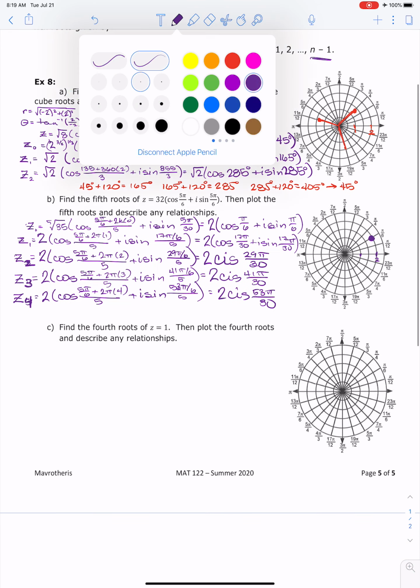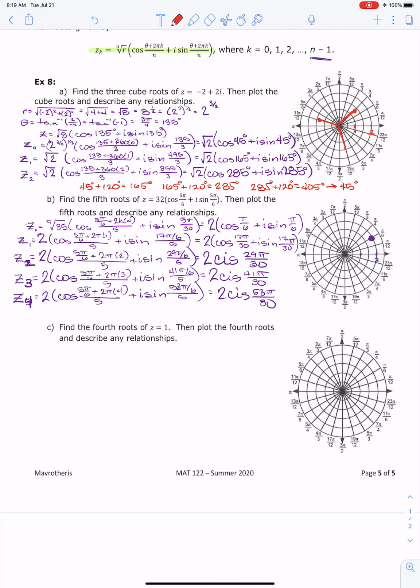Okay, so not a ton of room there, but over here let's take a look at actually what these angles are. Pi over 6 we know is 30 degrees. 17 pi over 30 is 102 degrees. 29 pi over 30 is 174 degrees. 41 pi over 30 is 246 degrees.